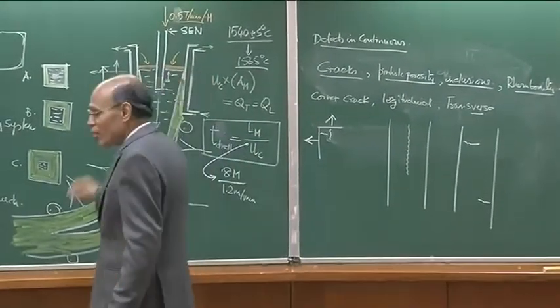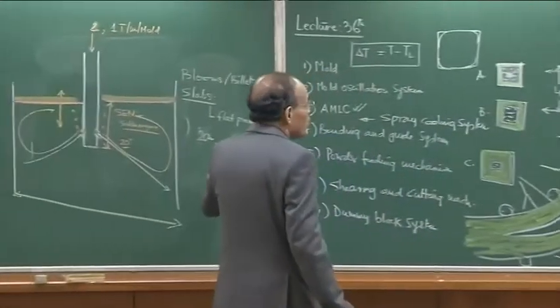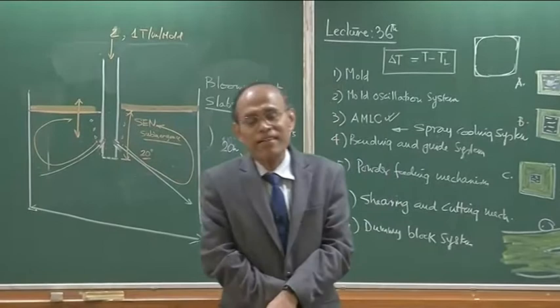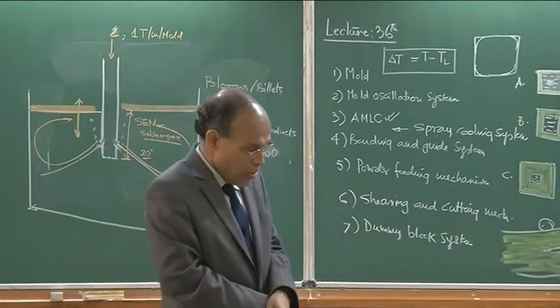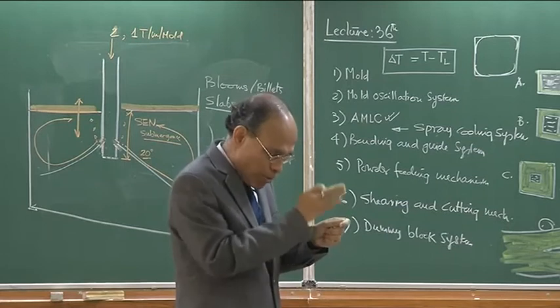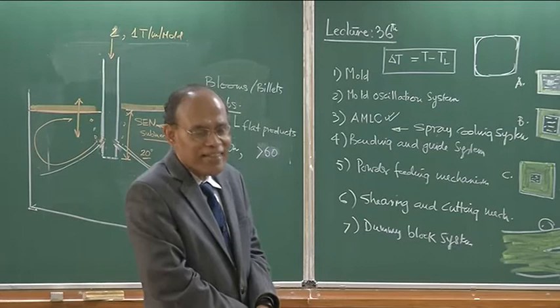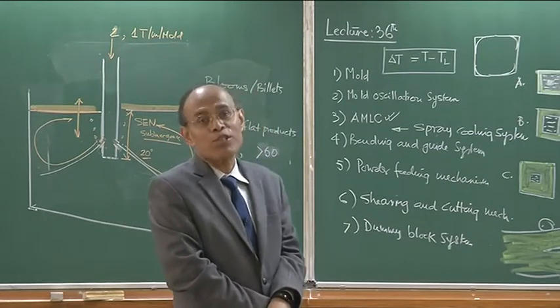Another important defect is because of poor mould material. The mould, as I have indicated here in the figure that I have drawn, the mould wall could be at 800 degrees centigrade, 900 degrees centigrade in contact with the circulating water. So, the face of the mould which is in contact with the powder could be about 800, 900 degrees centigrade, and the strength of this mould material is a function of its purity.